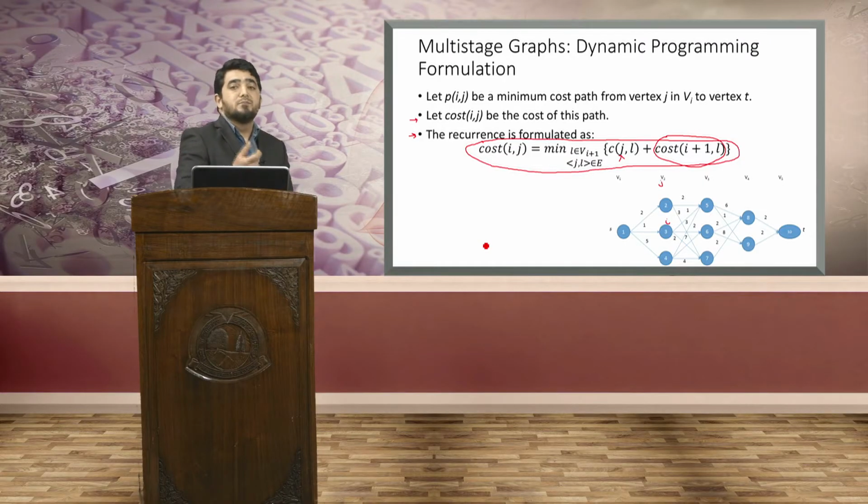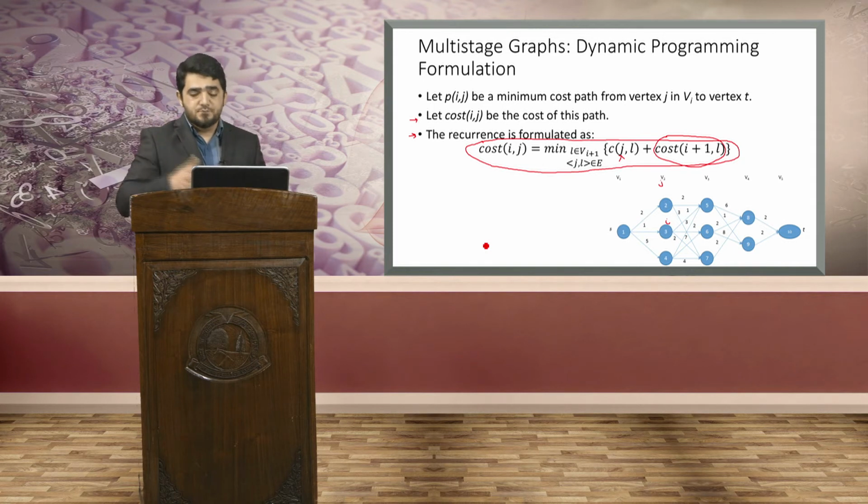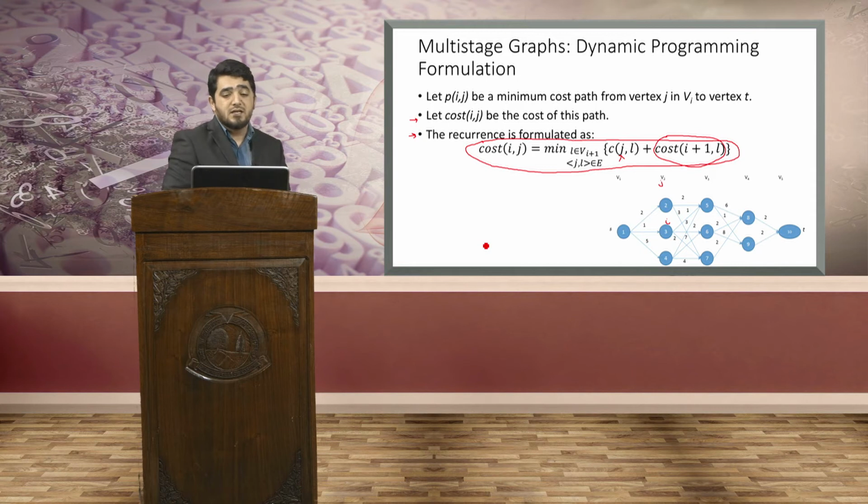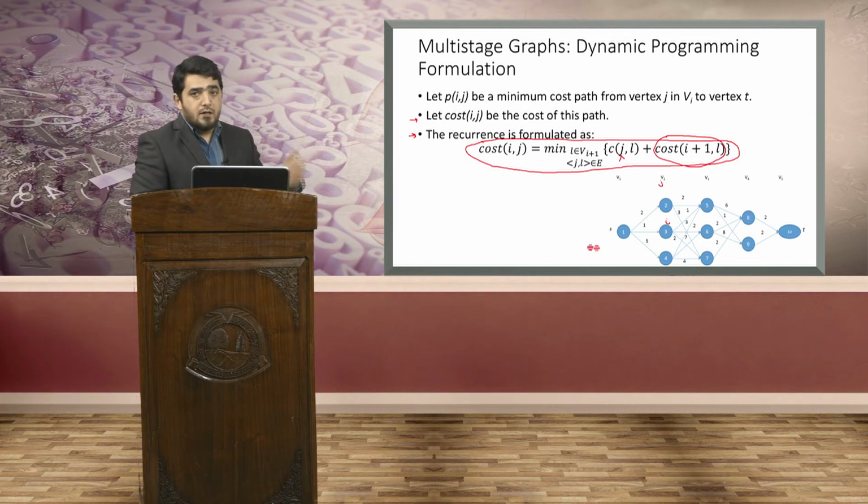We want to select the node which will lead to the minimum cost. That is what the recurrence basically means. It means that if we have chosen node number 3 in stage number 2, we need to choose one of the nodes from 5, 6 or 7 such that the final cost is minimized.